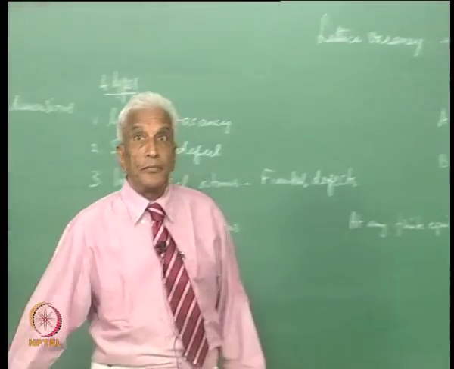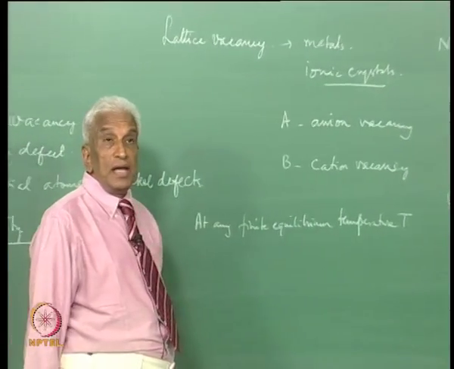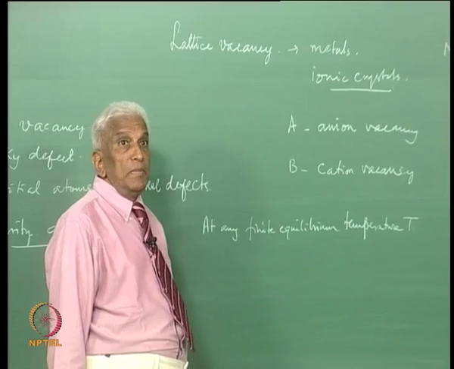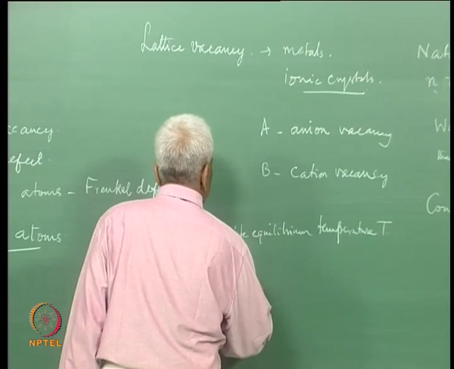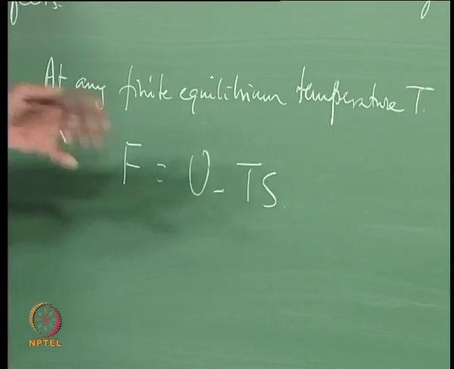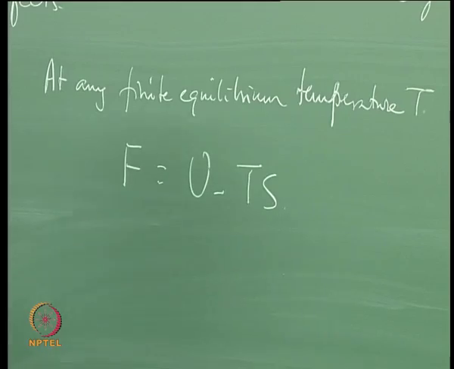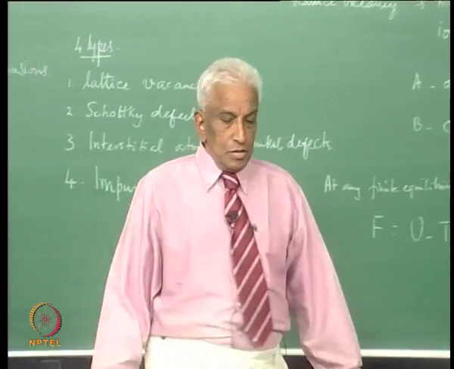we know that thermodynamic equilibrium is established by minimizing the free energy associated with it. So, this free energy will be F equals U minus TS. We neglect a small term associated with a possible volume change.